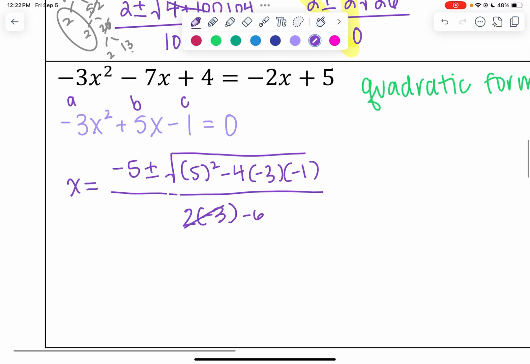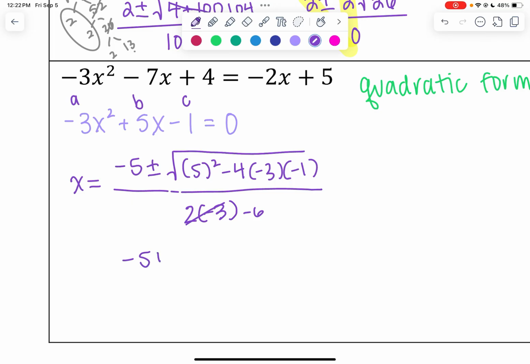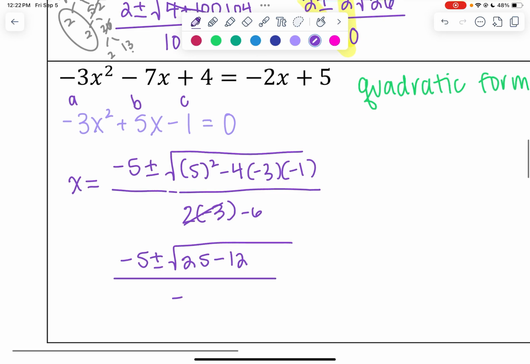And then if I keep going from here, I know that -5 plus or minus the square root, 5 squared is 25. I have 3 negatives here, so that's going to stay negative. And 4 times 3 is 12, all over -6. Well, 25 minus 12 is just 13. And 13 is a prime number, so there's nothing to simplify there, okay?